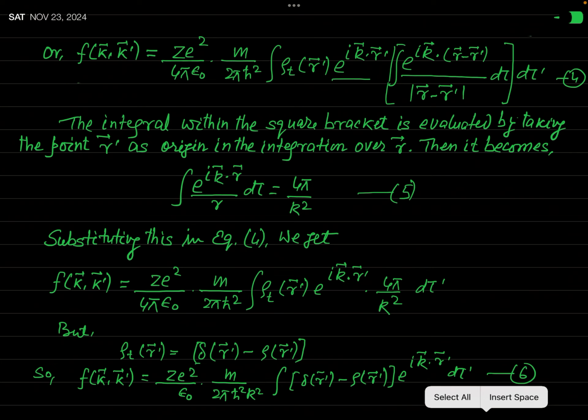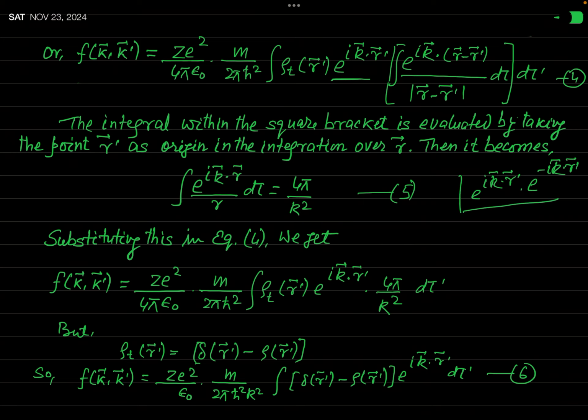Since it is an extra factor which was not originally present in our expression, you must divide by the same factor so that the result remains the same. In other words, if we multiply this expression by e to the power i kappa dot r dashed times e to the power minus i kappa dot r dashed, the result will remain unaffected because this product will be equal to 1.